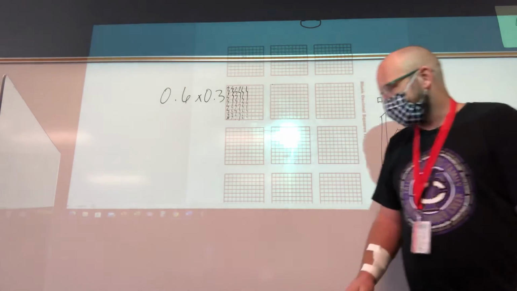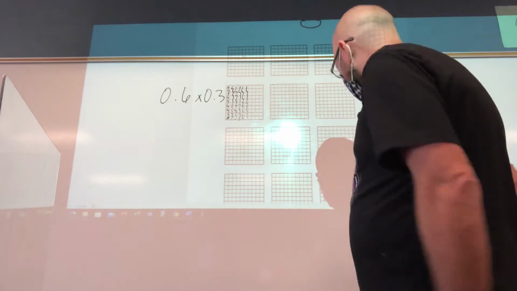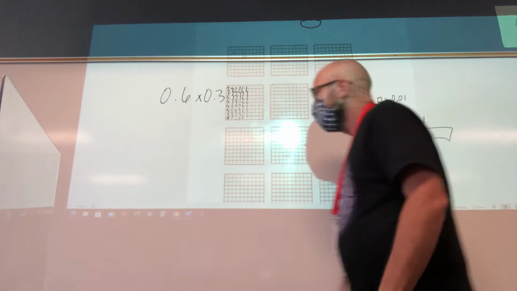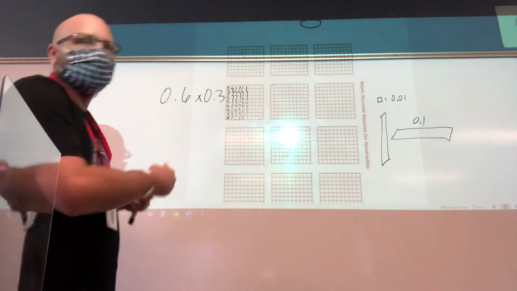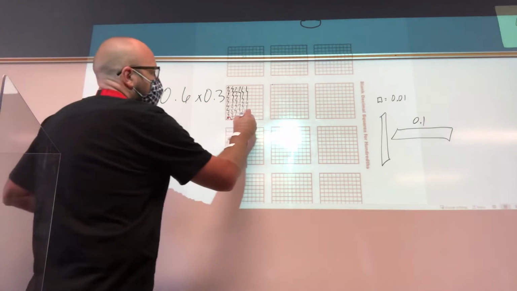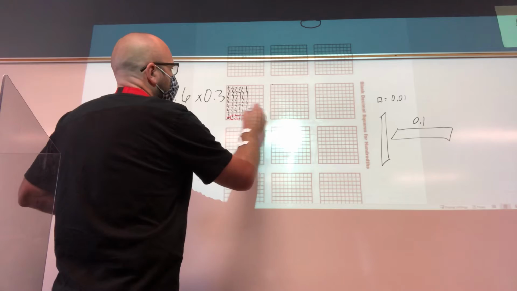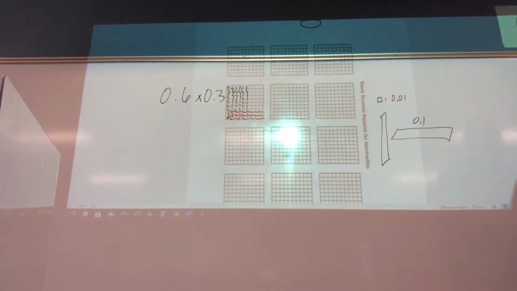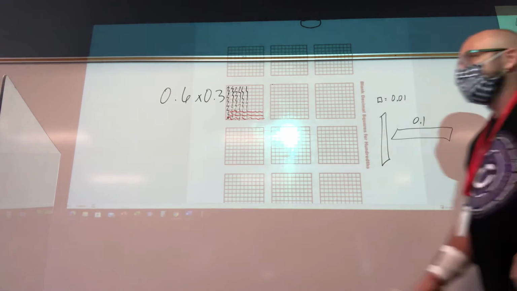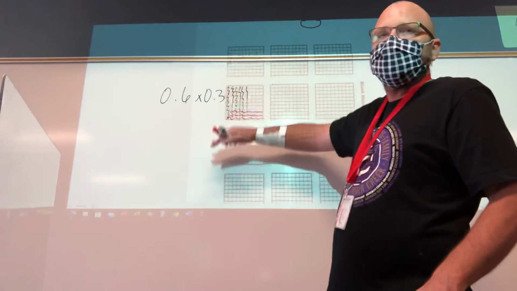My second fraction is 3/10. So I'm going to shade in across. And I get 3/10. So I've shaded 6/10 in vertically.